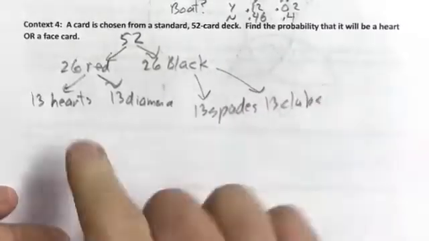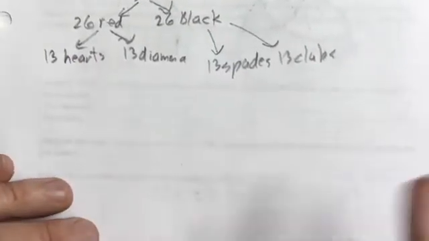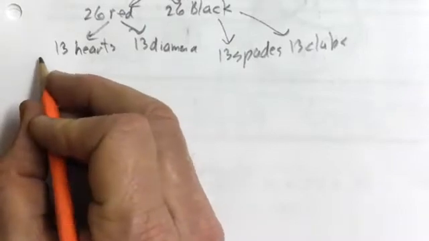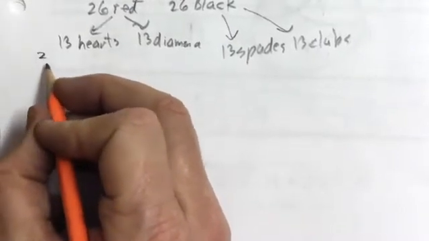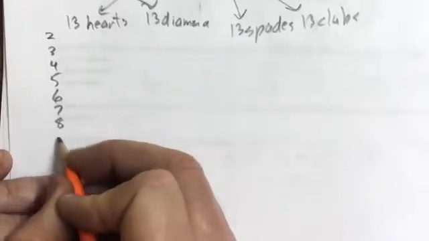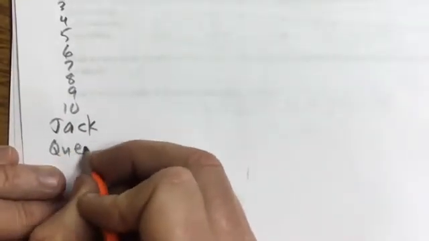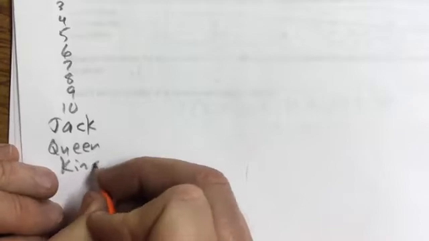So those are our 4 suits: 2 red, 2 black, and within each suit, 13 cards. They are labeled with the numbers 2 through 10, and then you have a jack, a queen, a king, and an ace.